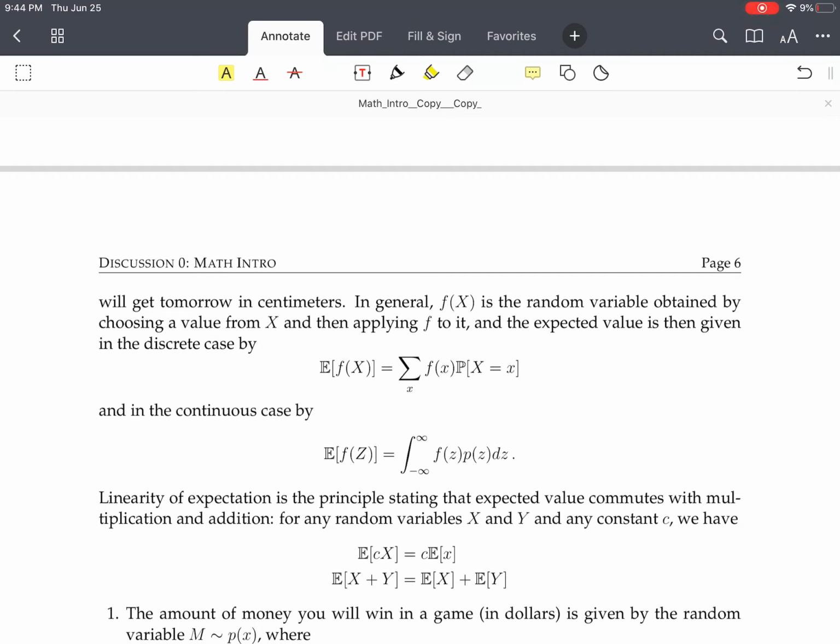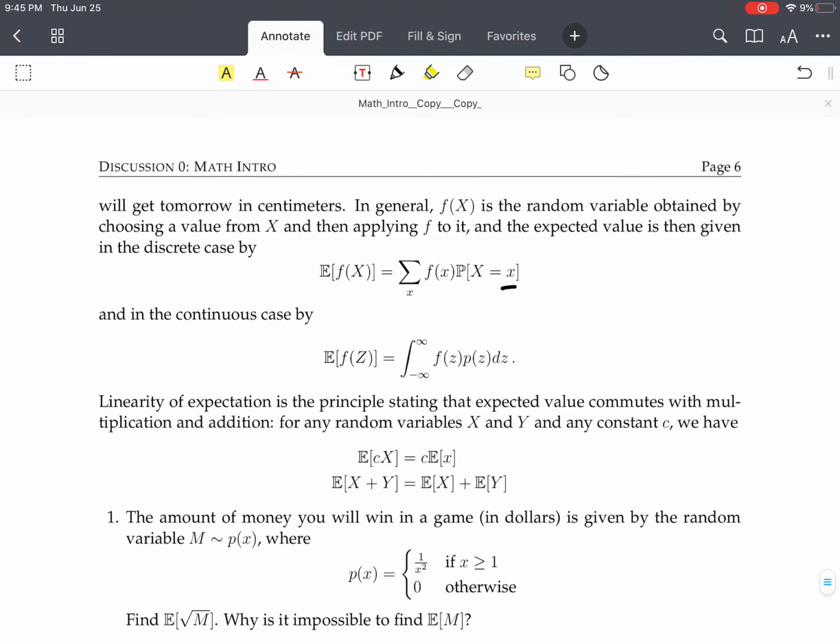So it's going to be the summation of f of x times the probability that X is equal to x. Notice that this x doesn't change. It stays the same. And this is also kind of intuitive. Basically, it's the new value through the function times the probability that I'd get the original value. And similarly in the continuous case, we replace the summation with an integral.